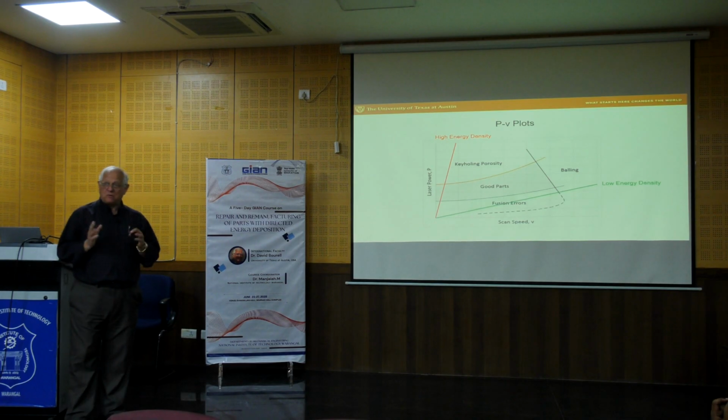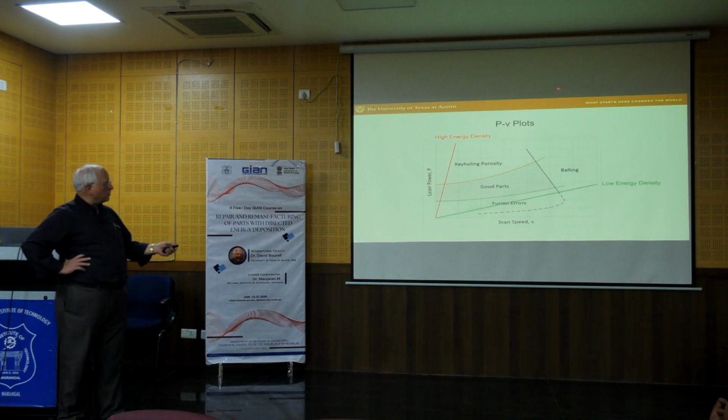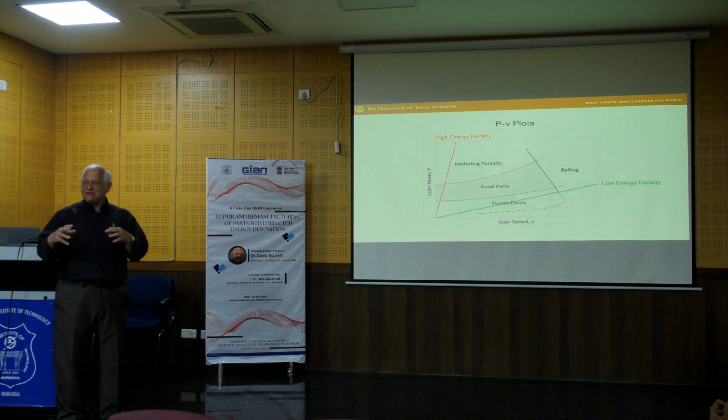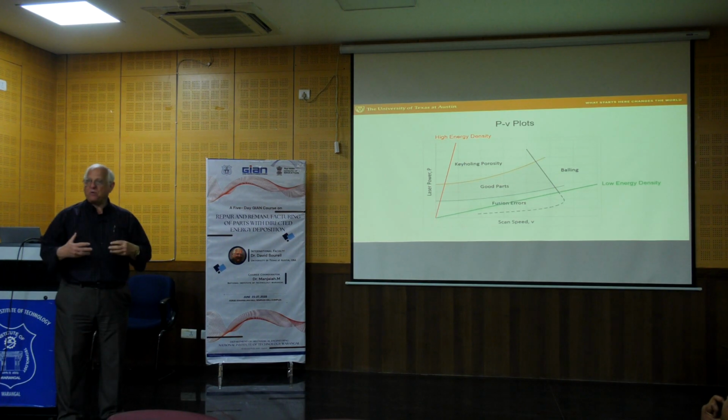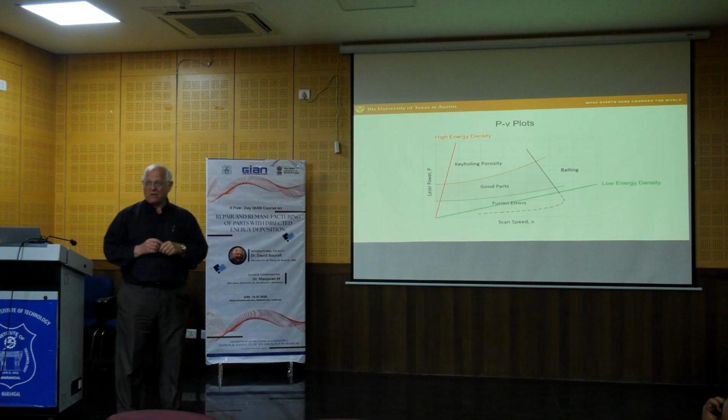This was, I think, the most important part of their grant: they discovered that if I want good mechanical properties, I want to be obviously in the good part region, but I want to be right below this line, way up here at the highest possible power. So I want to be in the good zone, but at the highest possible power, if I want to create parts with good, high quality, consistent mechanical properties.